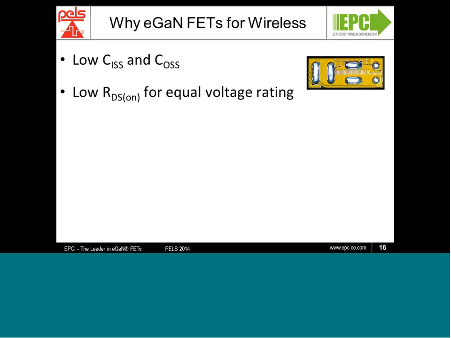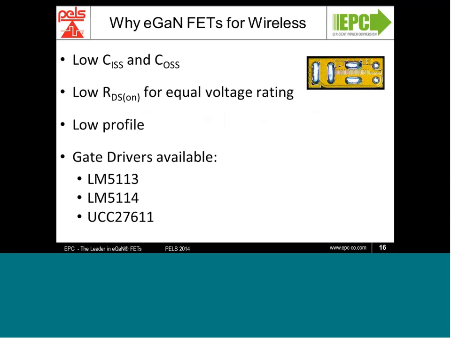So that equates to lower conduction losses when using these devices of equal design. They're also low profile. They're very small devices. And of course, there are gate drivers available now that can be used even at these frequencies, the LM5113, 5114, and the UCC27611. All of these gate drivers are quite capable of operating at 6.78 megahertz.